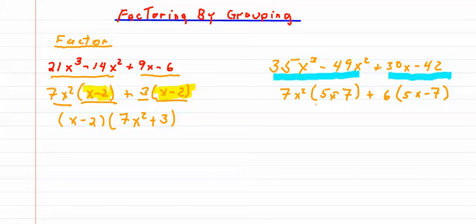I see I have a 5x minus 7 and a 5x minus 7 that's common. I pull that factor out. And what's left is 7x squared plus 6.